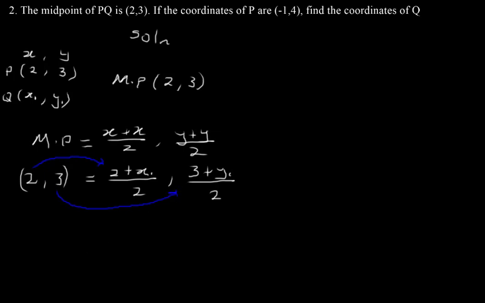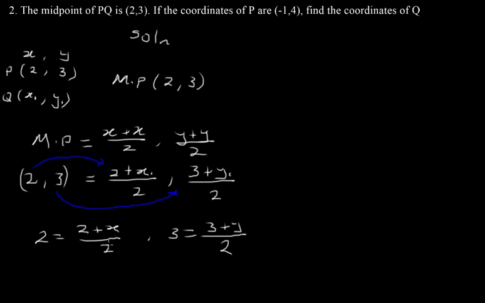So from there, what we do is we equate the 2 to the 2 plus x over 2, and comma the 3 to the 3 plus y over 2. So 3 equals 3 plus y over 2. Simple. Is it simple from there? Is it simpler from there? Does it get easier to work around from that point?